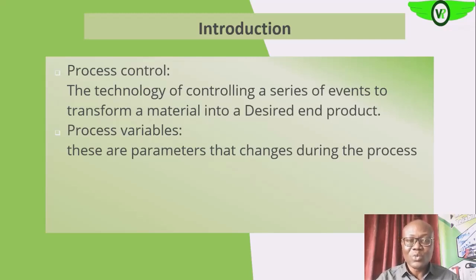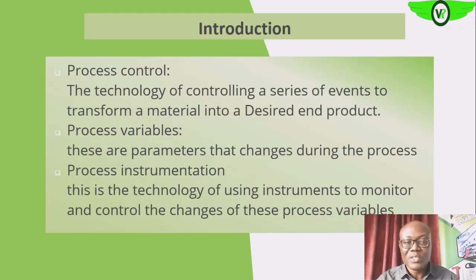So we need to control these variables. But first we need to appreciate them, what affects them, before we will be able to control the variable. So these process variables are process parameters that change during the process with changes in process condition.